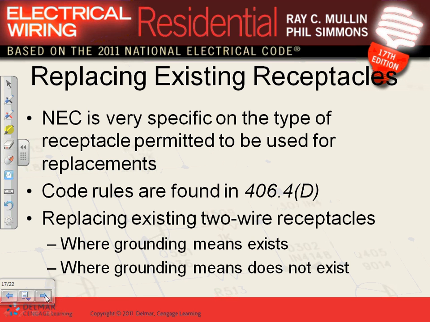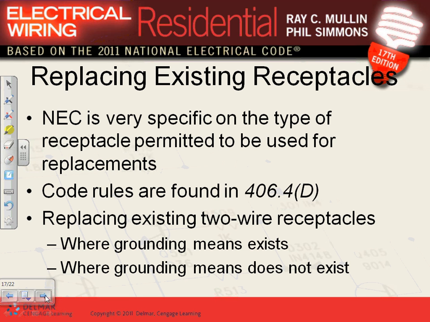I'm sure you guys have seen that. If you want to replace an old receptacle because it doesn't have a ground in it, here are the options. Number one, replace it with a non-grounding receptacle. Well, that doesn't solve my problem. Number two, you can replace it with a grounding receptacle if you provide an equipment grounding conductor, so you basically pull a branch circuit.